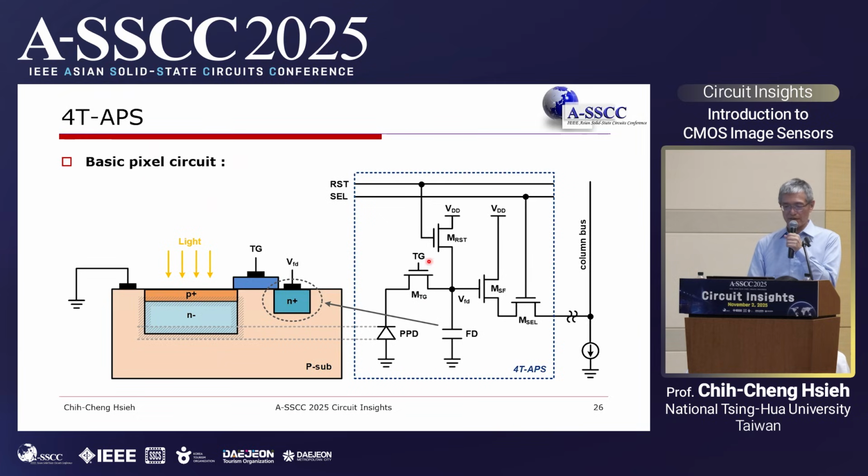The 4T APS uses 4 transistors here. It has another additional transistor for charge transfer. You can see the diode structure is also different. This is the key.